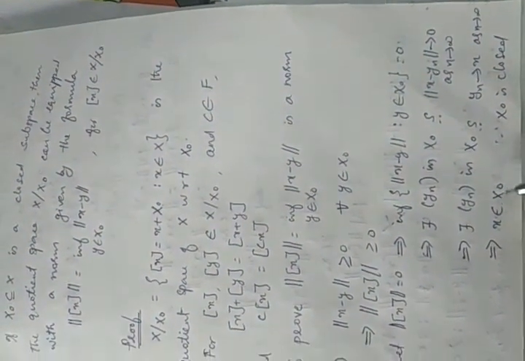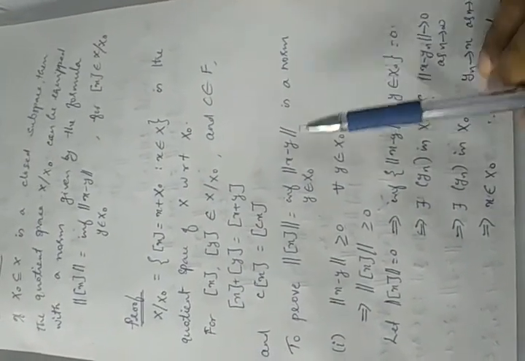Now, norm of X minus yn tends to 0 means that X minus yn tends to 0, which means yn tends to X. So, there exists a sequence yn in the subspace X0 such that yn converges to X as n tends to infinity. So, yn is a sequence in X0 and yn converges to X means that X belongs to X0 closure, and it is given that X0 is a closed subspace. So X0 closure is equal to X0 itself. So X belongs to X0.